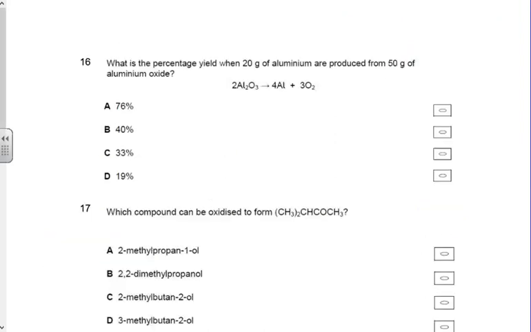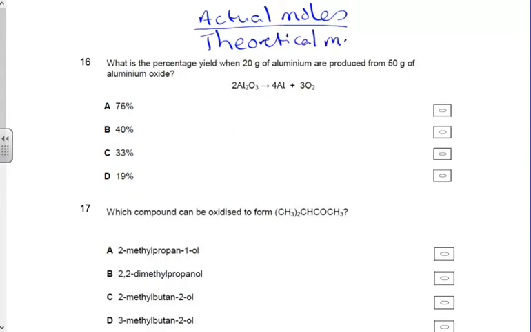Question 16 is, what is the percentage yield when 20 grams of aluminium are produced from 50 grams of aluminium oxide? So, percentage yield is actual, I'm going to use moles, divided by theoretical moles, multiplied by 100.